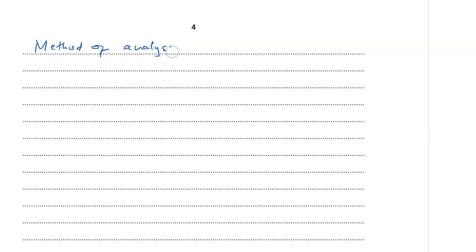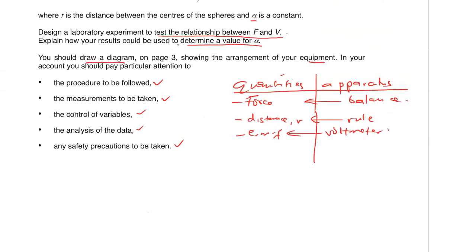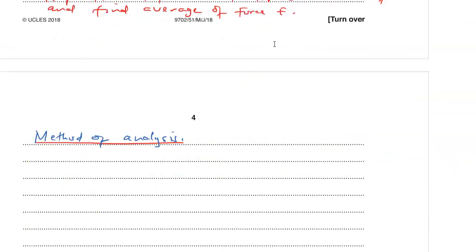Don't forget, what we are targeting is this: we want to test the relationship between F and V, and also show how to determine alpha. That is what we should be aiming to do in this method of analysis.